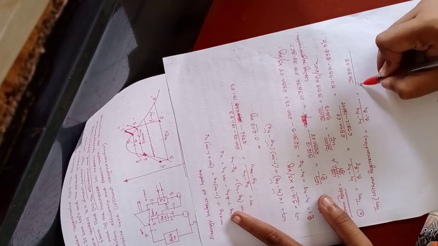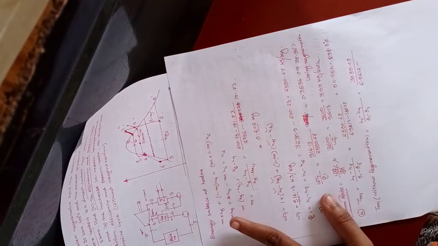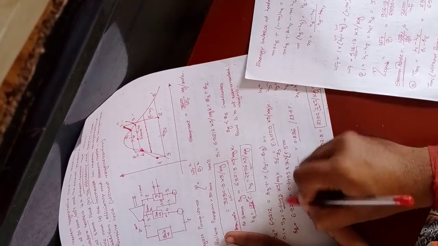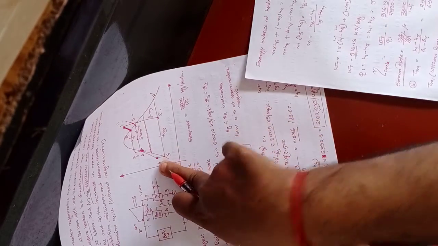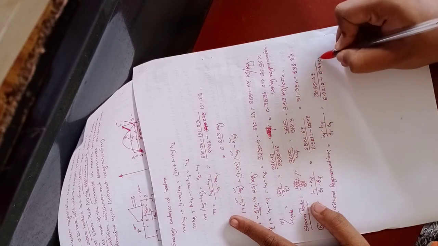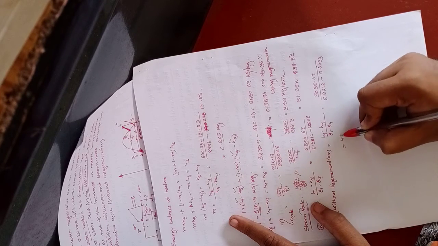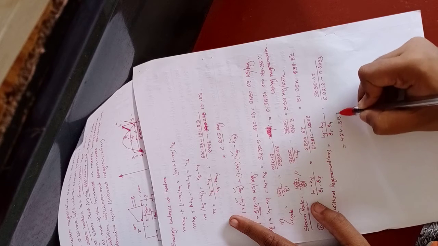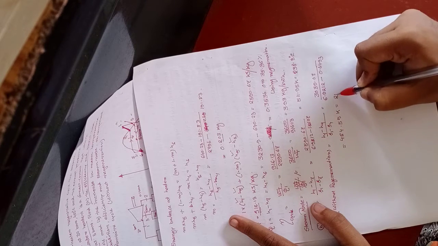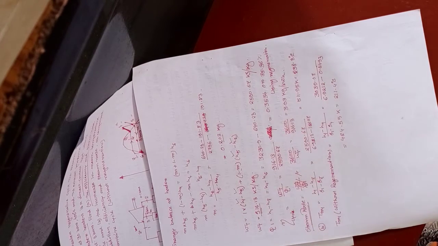S1 is 6.9212, and S4 we get from the steam table; already we have got 0.6493 because S3 and S4 are the same. The result will come 484.55 Kelvin, or we can say 211.4 degrees centigrade, after subtracting 273.